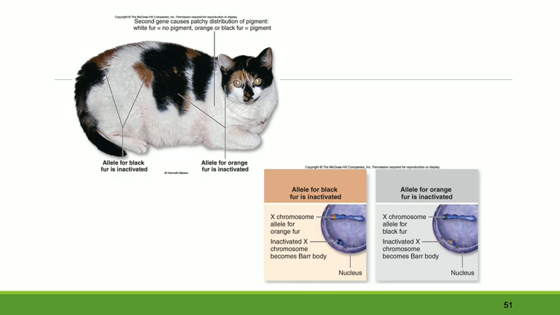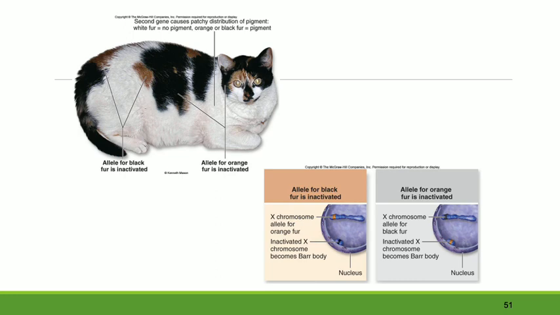If you've ever had a calico cat, it is very likely that it was a female. And the way that their fur color is expressed is that on their X chromosome, they have alleles for black or red pigment color, or I guess I should say orange pigment color.